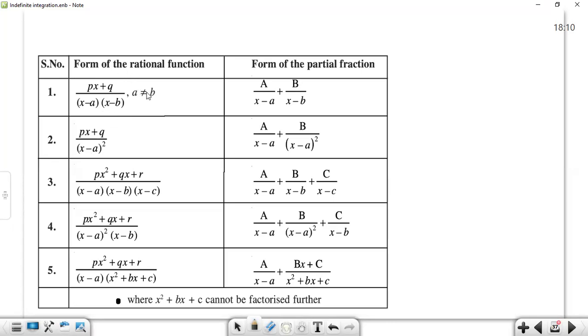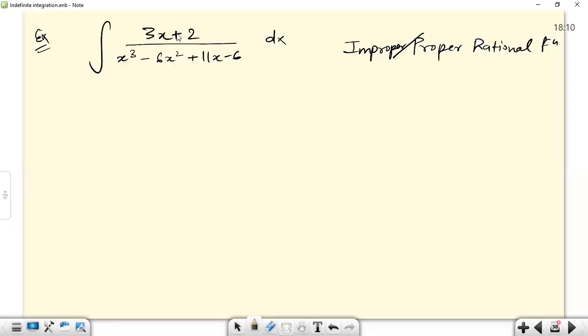Where a and b are different, we can simply write them as this. You will understand it better after we solve the examples and questions. So first, just see them. Let's solve this question. What we are doing first is taking this function out of the integration. Let's simplify it first.